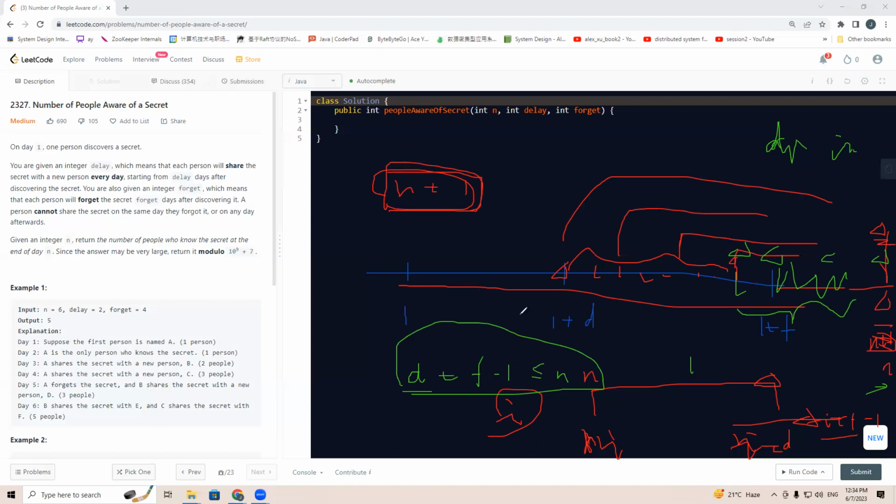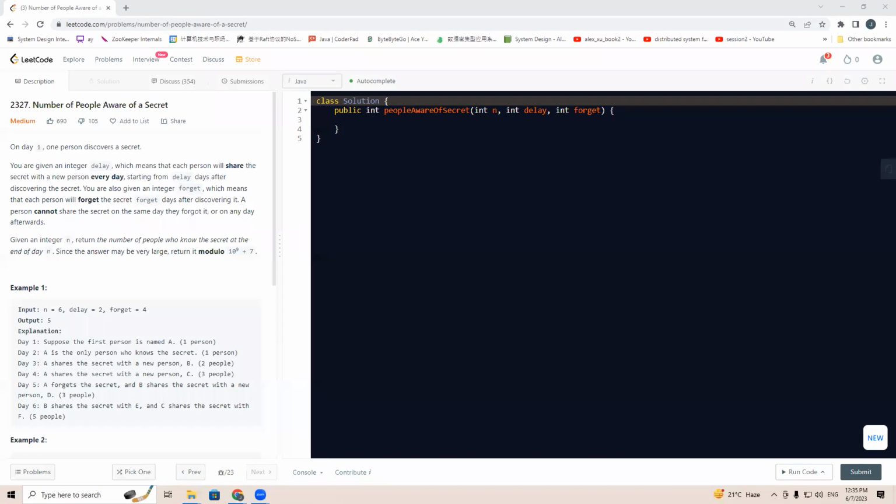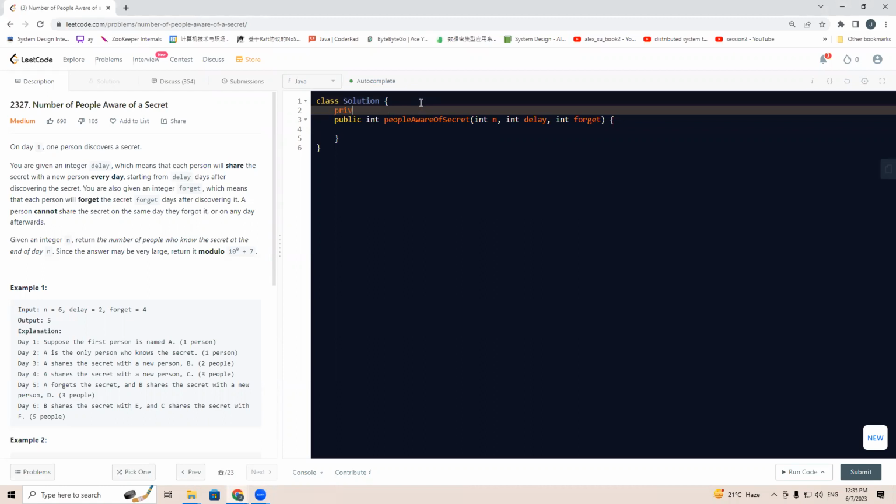So let's begin to write code for this. The data will be big, so we need to take the mod. Let's write private final static int mod equals 1000000007.